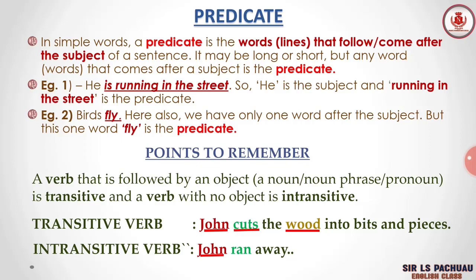But here John is the subject, ran is the verb, but we don't have an object. That is why we call it an intransitive verb. The first one, the transitive verb, has an object. But in John ran away, the verb is not followed by an object, so it is an intransitive verb.